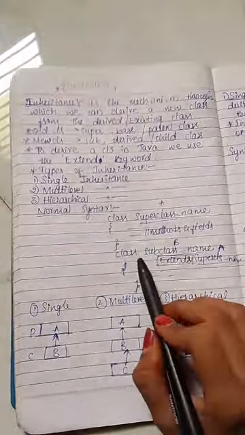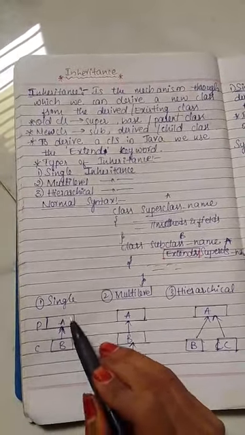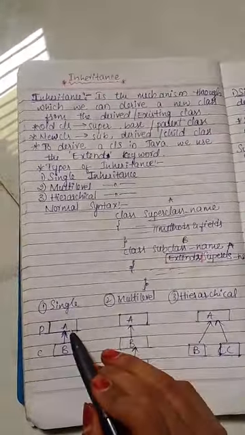Here in a diagrammatical way, single inheritance means only one superclass and one subclass. This is single inheritance. Only a single parent and single child.